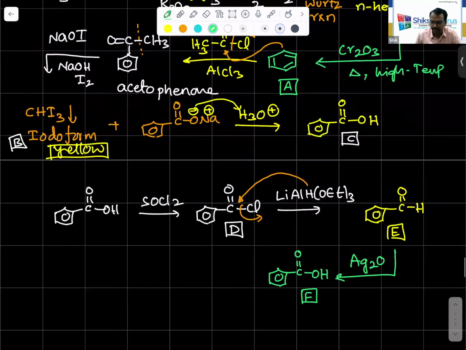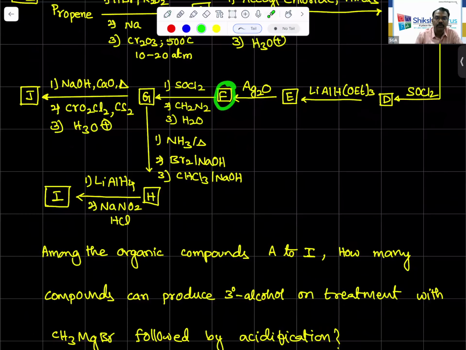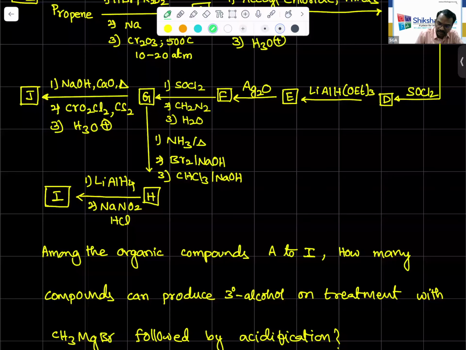In the next step, there is a very famous reaction. It is compound F. Compound F is benzoic acid. Now benzoic acid, that is, the carboxylic acid, is treated with SOCl2. In the next step, diazomethane. Next step, hydrolysis. It is a very famous reaction. It is the Arndt-Eistert synthesis.